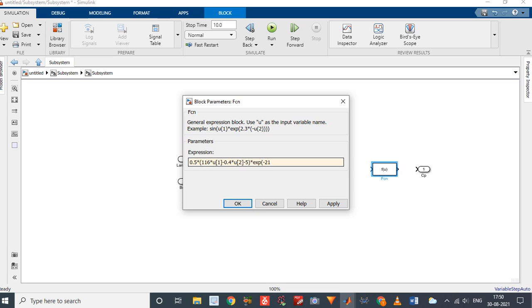Minus 21 star u of 1, because C6 upon lambda I is the equation. Okay, u of 1.